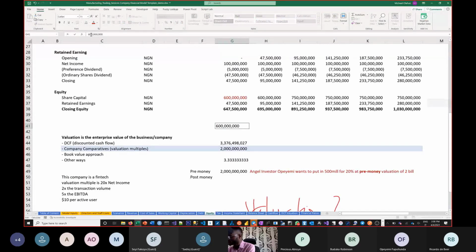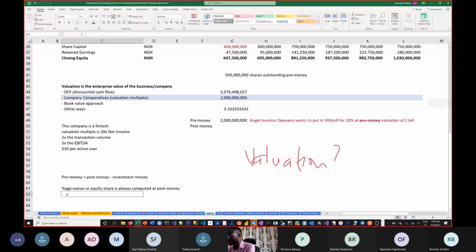And this is pre-money. So the share price, maybe I should let you know, is always calculated pre-money. Share price is always calculated pre-money, which means the pre-money valuation divided by pre-money shares outstanding.